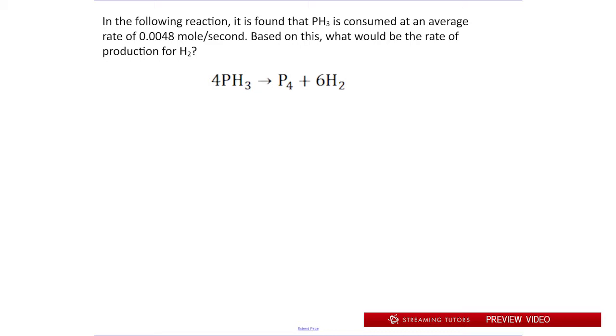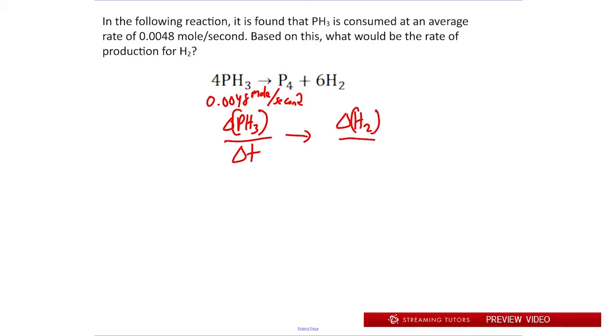Okay, so we know that the rate of consumption of PH3 is 0.0048 moles per second. So what we have to do is convert this rate. We can write it like this. And we have to somehow convert it to the same expression, except now for H2.